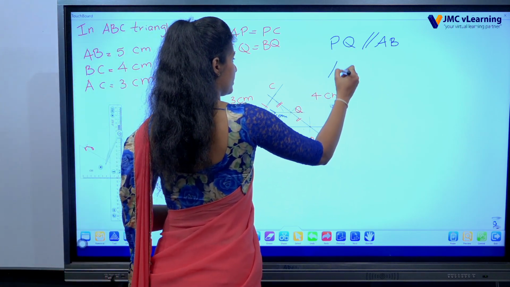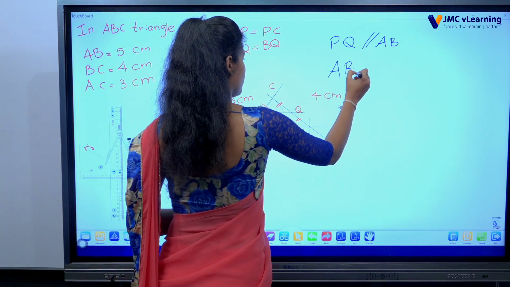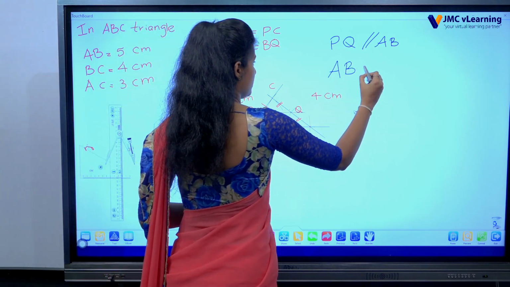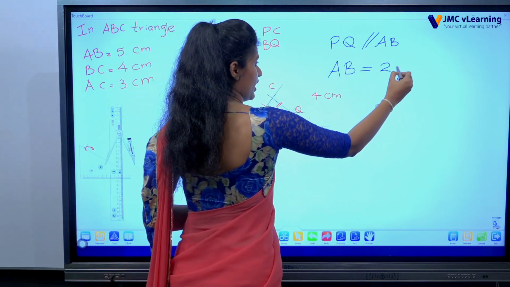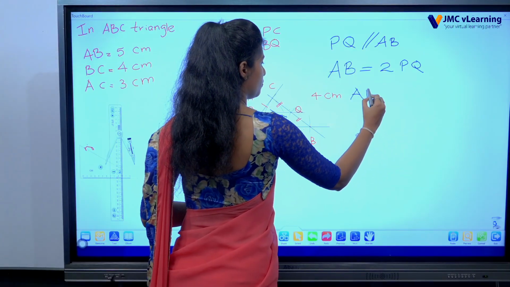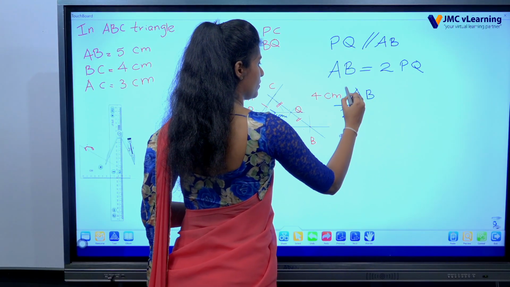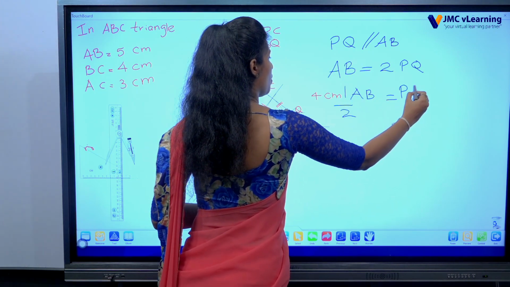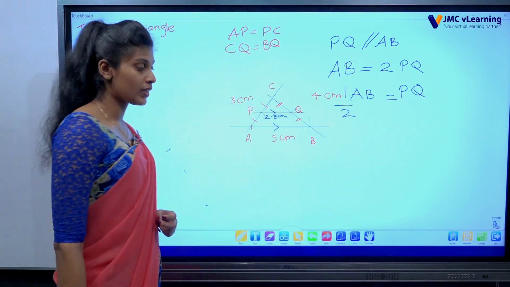So we can write AB length is equal to 2 times PQ, or half of AB is equal to PQ.